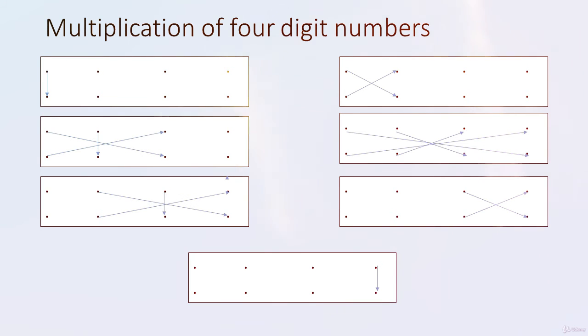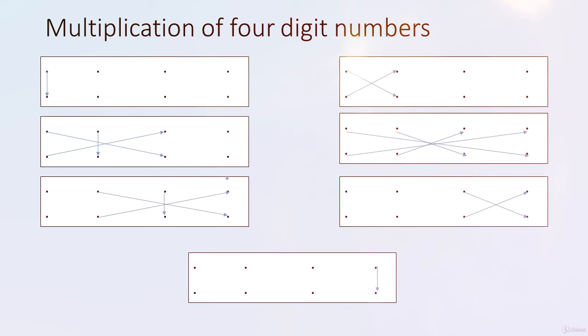This method looks a bit complicated, but it could also be helpful to some people who have a good memory and who can recognize and learn these patterns. You can notice one important thing about these patterns: the first three patterns are very similar to the multiplication you did with 3-digit numbers.